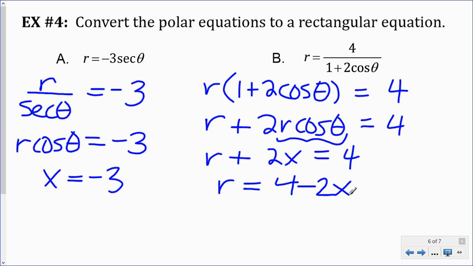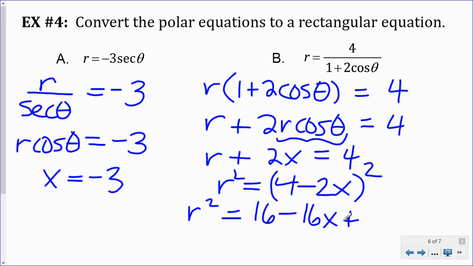And we could do that as long as we square both sides. Okay, so now we have r squared equals, and if I were to FOIL out the 4 minus 2x squared, that would give me 16 minus 16x plus 4x squared.